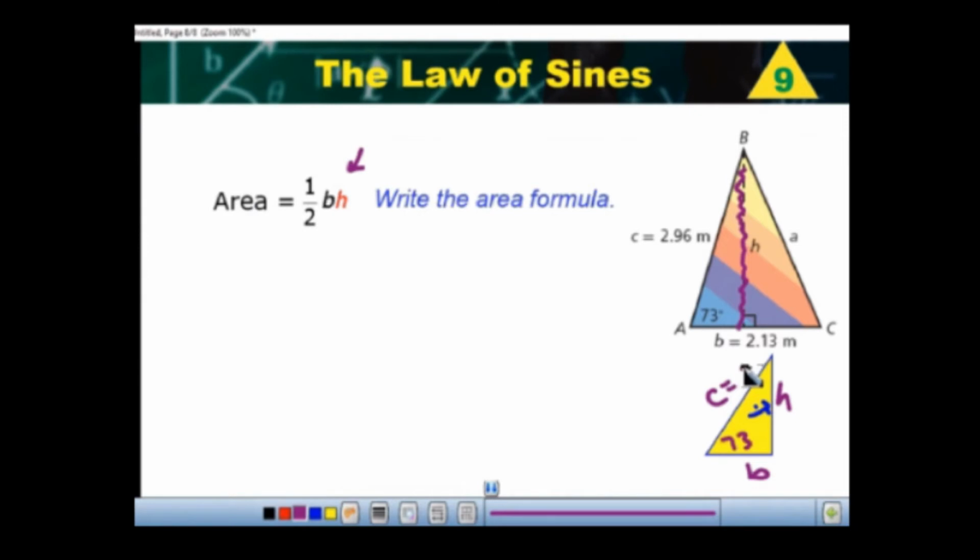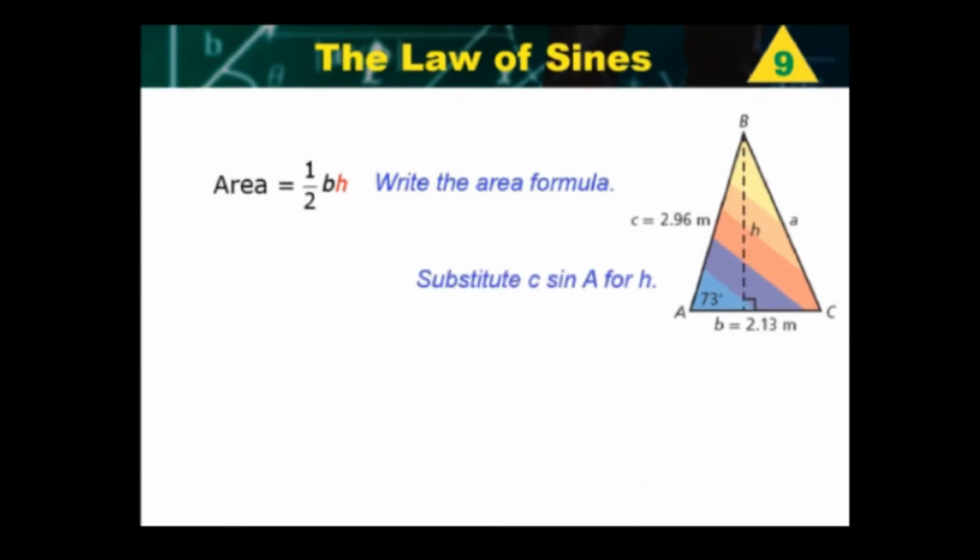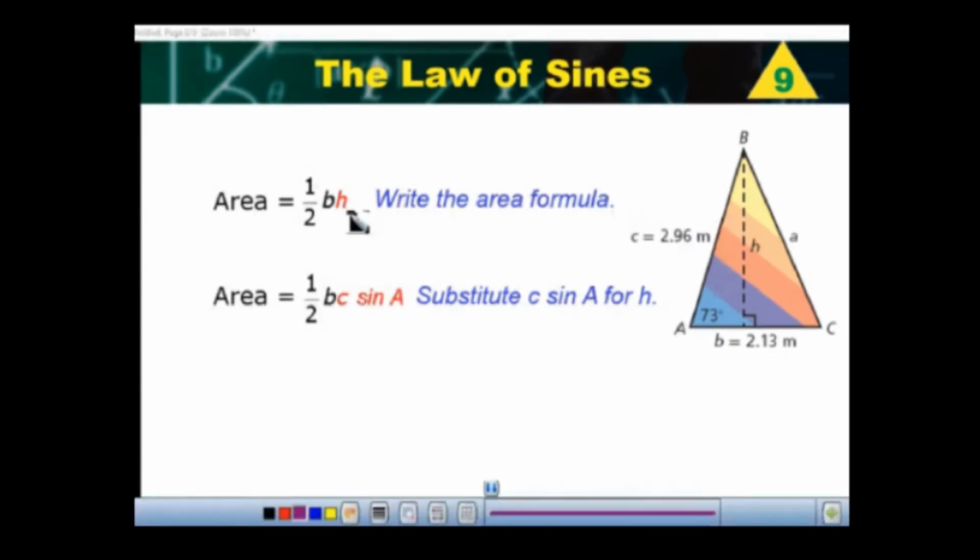So c I have, b I have, I don't have h. So now you're going to think of it in a different way. How can I get that h? Well, it turns out h is c sine A.